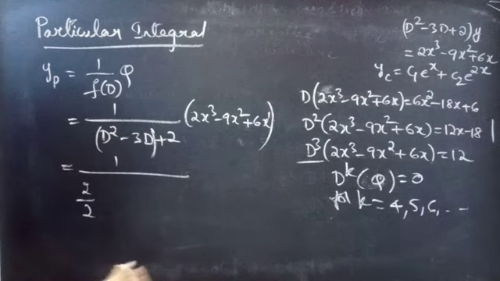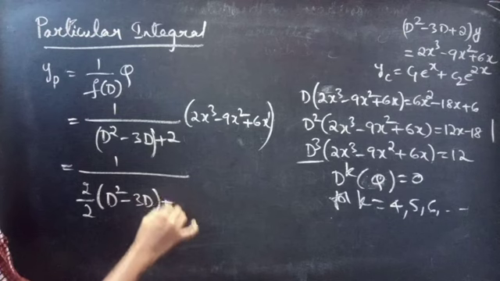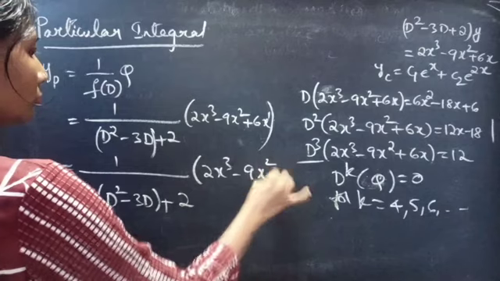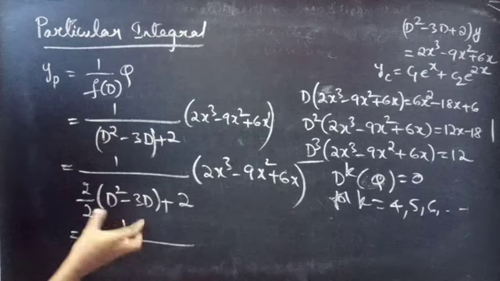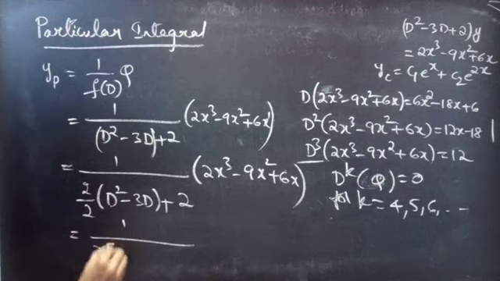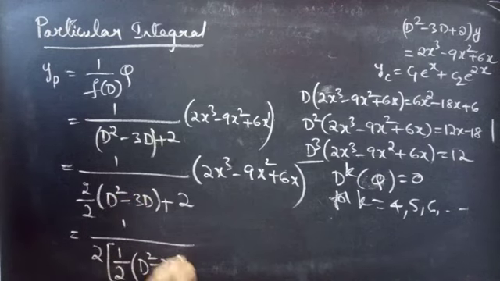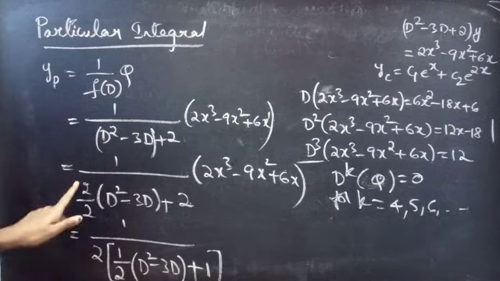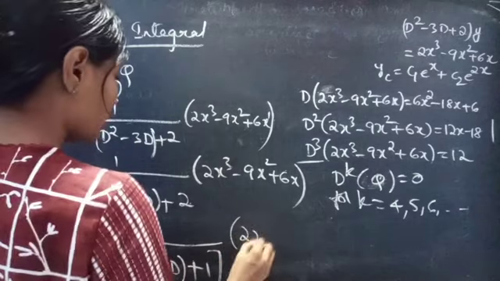Then we can write f of D as 2 by 2 into D square minus 3D plus 2, into Q, which equals 1 by... Now take 2 common from the 2 terms. We'll get 2 times 1 by 2 into D square minus 3D plus 1. See, 2 into 1 by 2 into D square minus 3D is 2 by 2 into D square minus 3D, plus 2 into 1 is 2. Okay? Nothing has changed.